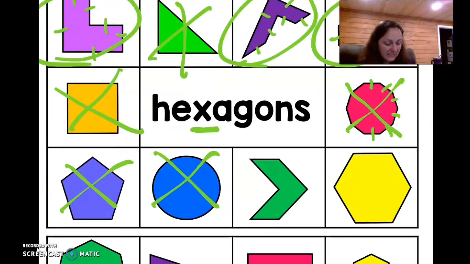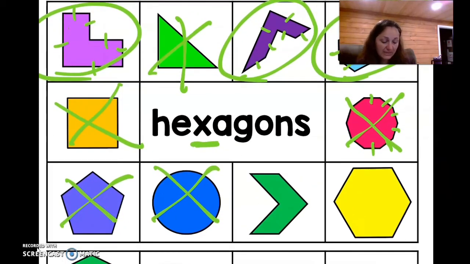Now, I've seen lots of ones that look like arrows or darts. So maybe I don't need to count this one. If I just counted half. Have you noticed that? Sometimes if it looks like it has symmetry that I could cut it down the middle, if I just count the sides on the half, I know that 3 and 3 would be 6.